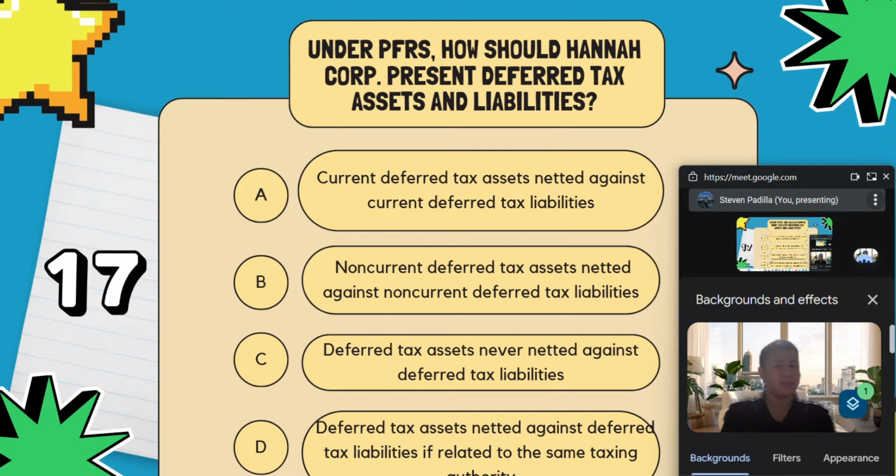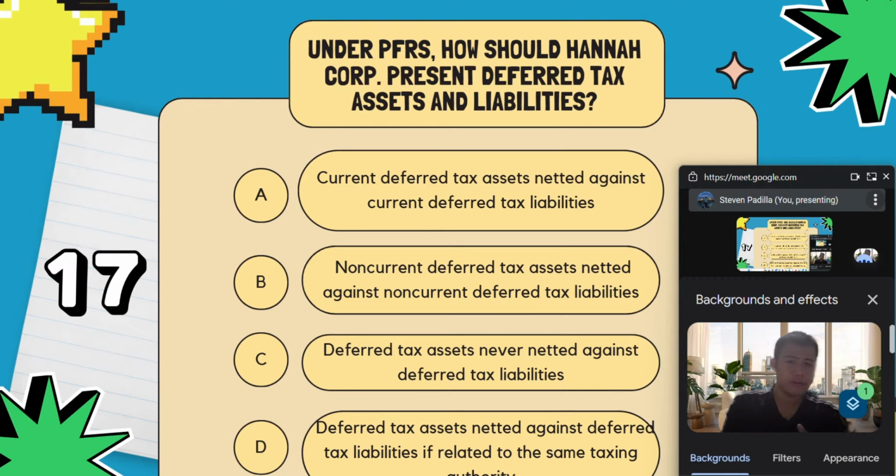As stated in question number 16, both are always presented as non-current. However, they are netted, meaning a single amount is shown, only if they are related to the same taxing authority. This netting is not permitted if the balances are owed to or from different tax authorities.